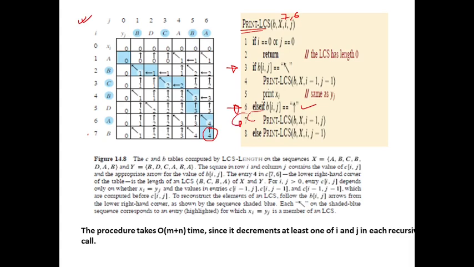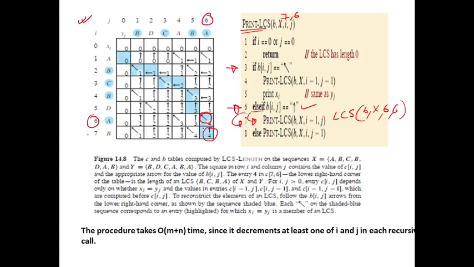So once it is true, it will enter here. Now it will be LCS(B, X, i minus 1, j): i is 7 minus 1, 6, and j is 6. So you have to go directly to 6, 6. That means you are here at 6, 6.